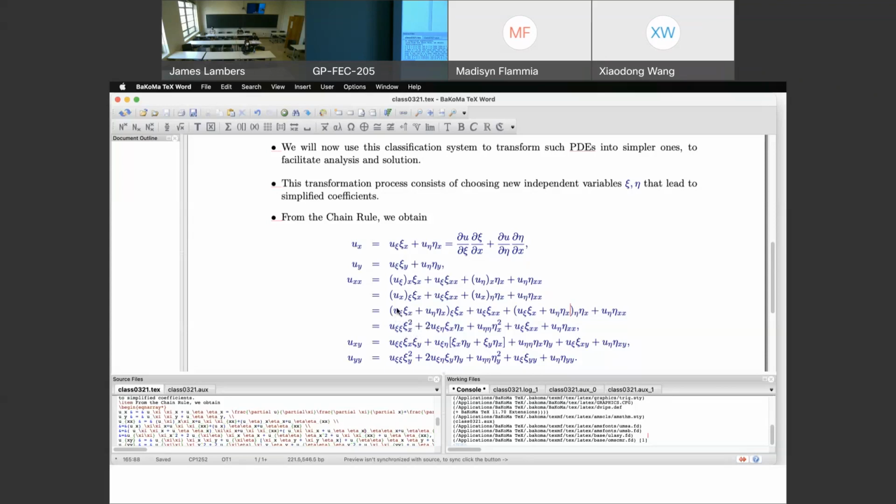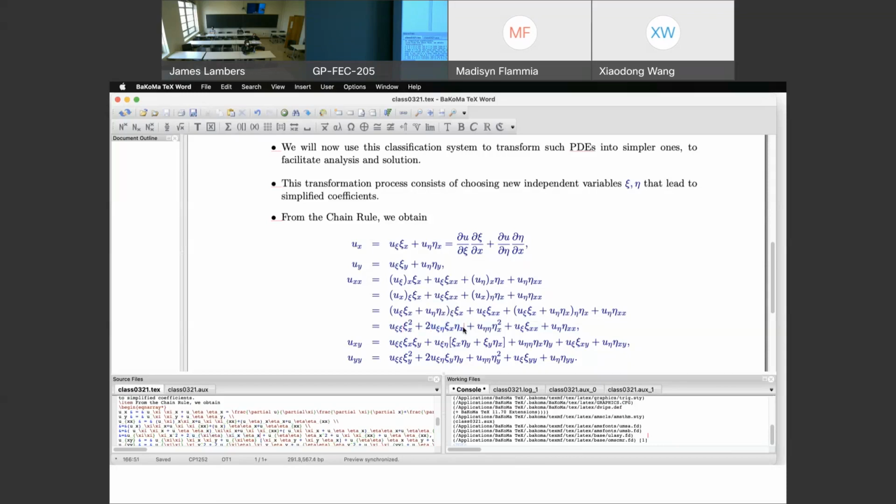So for instance, here I have u_ξ, differentiate with respect to ξ, becomes u_ξξ here. And then I have ξ_x and ξ_x, it gives me ξ_x squared. Similarly here I have u_ηξ times ξ_x η_x, and that leads to one of these terms here.